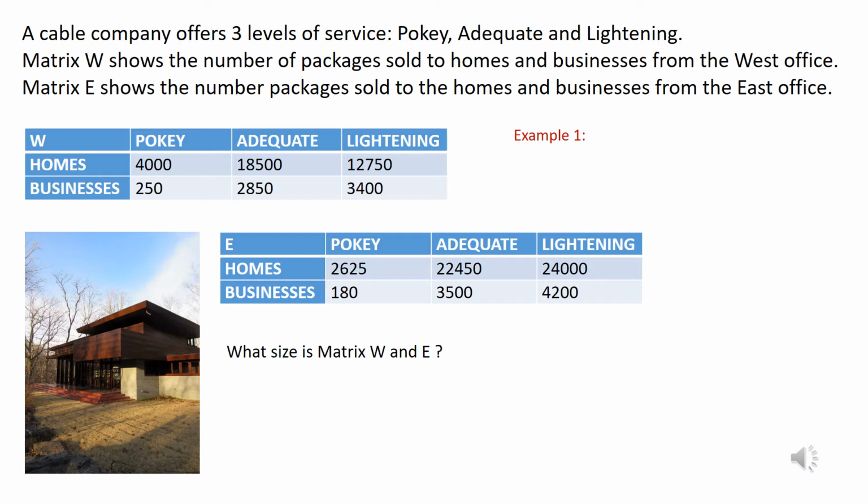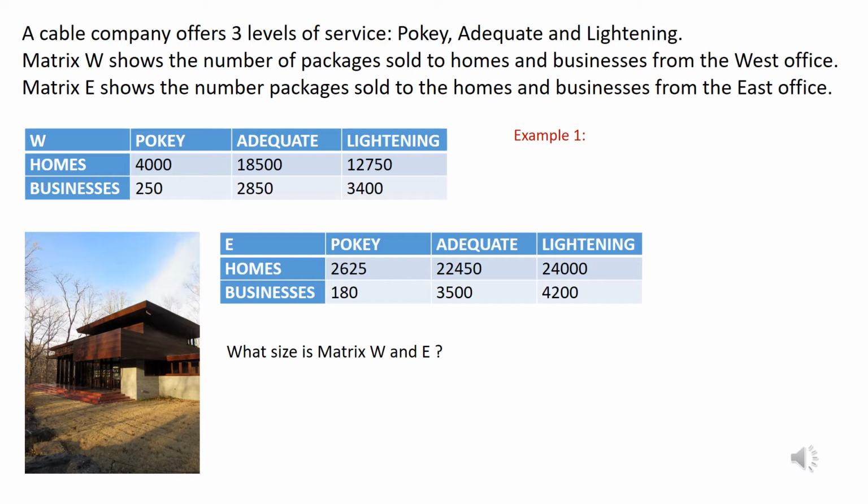That was from the West Office. The East Office had 2,625 homes choosing pokey, 22,450 choosing adequate, 24,000 choosing lightning, and in terms of businesses, 180 in the East Office chose pokey, 3,500 chose adequate, and 4,200 chose lightning.